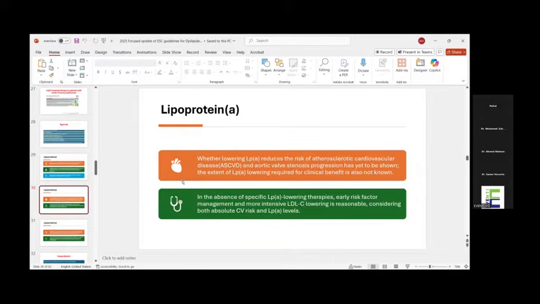Whether lowering lipoprotein A reduces the risk of cardiovascular disease and aortic valve stenosis progression has yet to be shown. We don't have clear evidence on this till now.